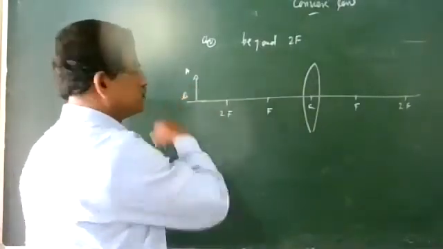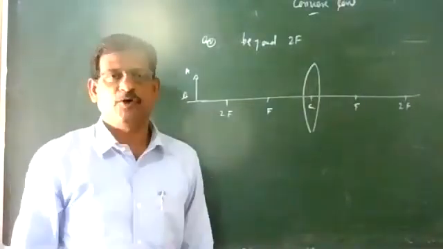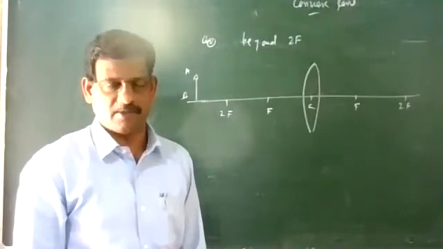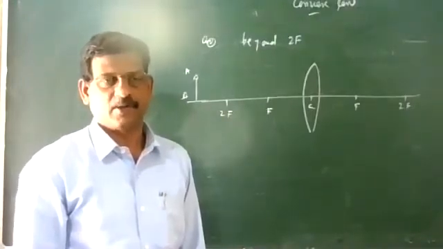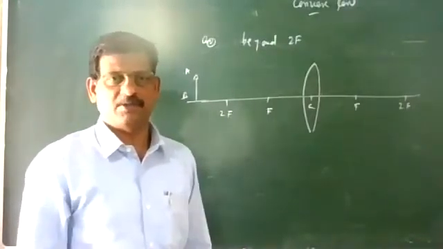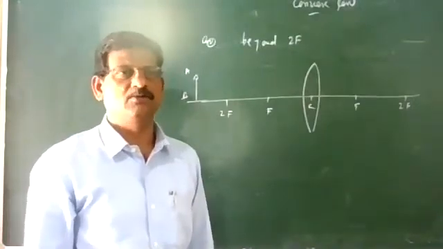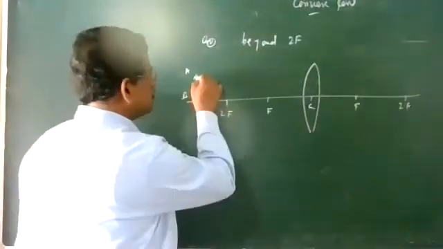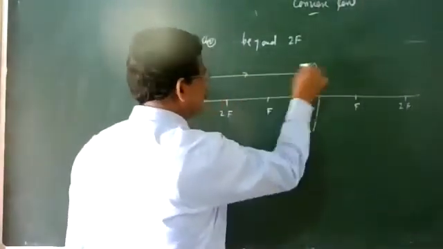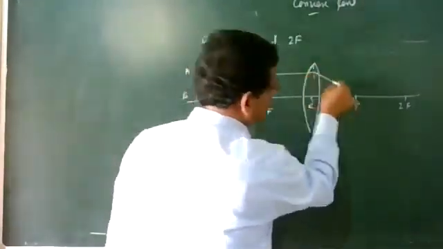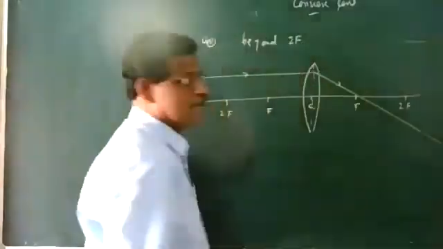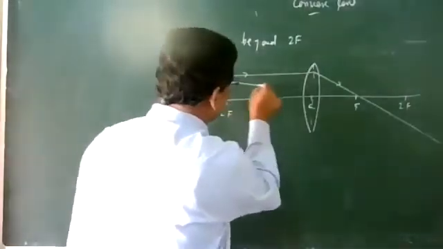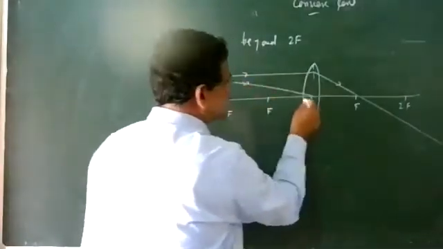AB is your object. Image formation in the case of convex lens is very similar to that of a concave mirror. The same kind of image develops. A convex lens is equivalent to a concave mirror for image formation. First ray: parallel to the principal axis, after refraction passes through the focus. Second ray: passing through the optical center goes without any deviation.